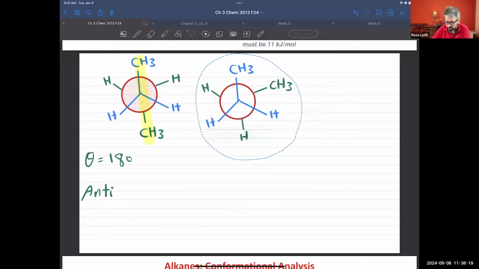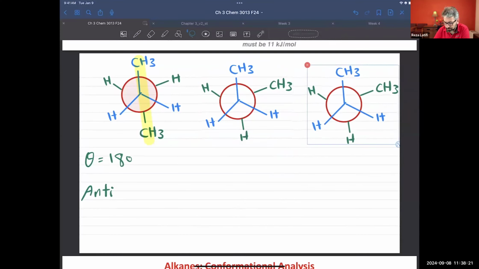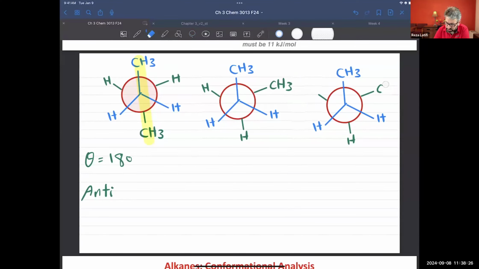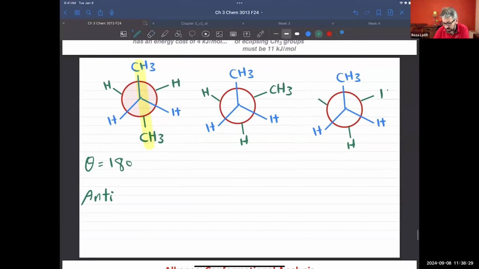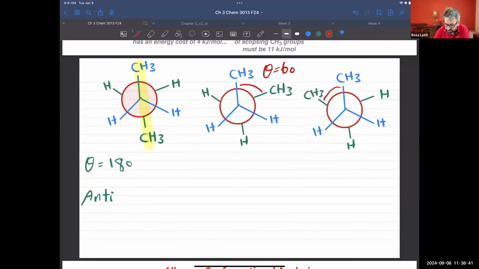So let's copy paste this one, put it there, and erase this hydrogen. Put the hydrogen on the right side and the methyl on the left side. Now the dihedral angle between those 2 methyl groups is going to be 60, and the same thing here, 60 degrees. These 2 conformations have a name, and the name for them is gauche. So in gauche, the dihedral angle is around 60.